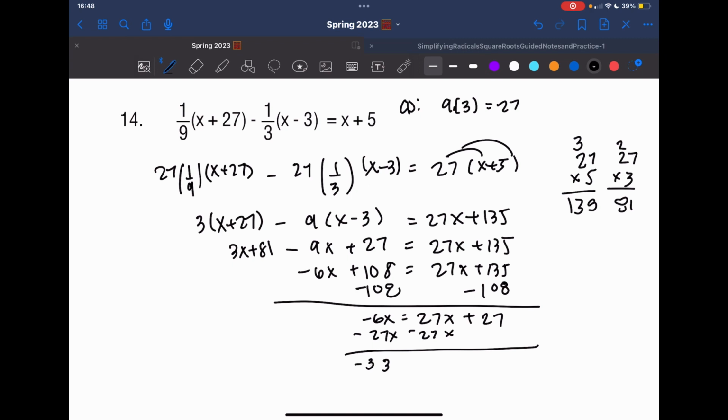Negative 33x equals 27. Divide both sides by negative 33. So then x equals, for number 14, negative 9 over 11, because you're reducing the top and the bottom by 3. That's your answer.